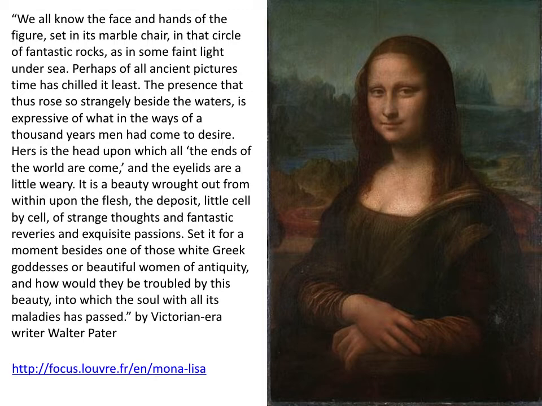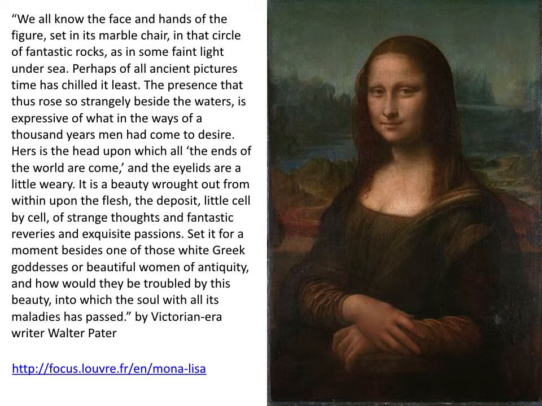Now, what makes the Mona Lisa unique is that she is in what we call a 3/4 view. So rather than being in profile, she is almost completely turned to face us frontally. So she is directly addressing the viewer with this sense of engagement created by her eyes looking directly into ours.